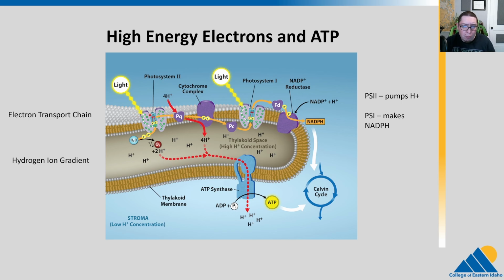So photosystem 2 pumps, then light energy hits photosystem 1, and that's where we capture our high energy electron, making NADPH. In the final part, we let the hydrogen ions flow through ATP synthase, generating ATP. These two products, ATP and NADPH, are going to move on to the light-independent reactions.